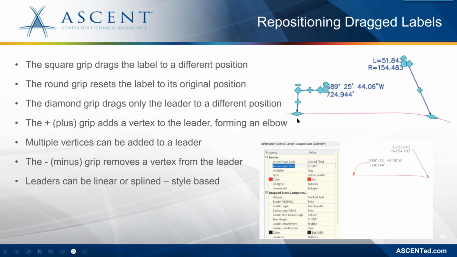And the diamond grip changes the leader position itself. The pluses will add a vertex, and the minuses will delete a vertex. And as I mentioned, the leaders can either be splined, in this case it is splined and has a different color, or it can be straight.